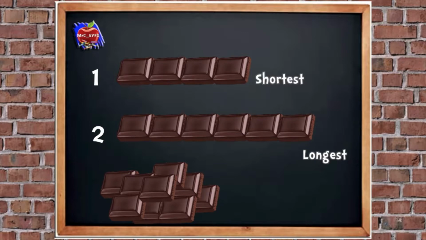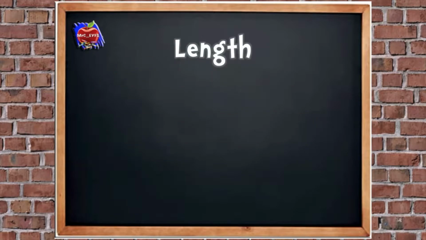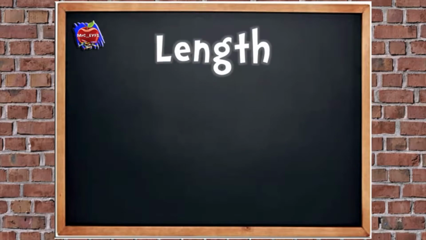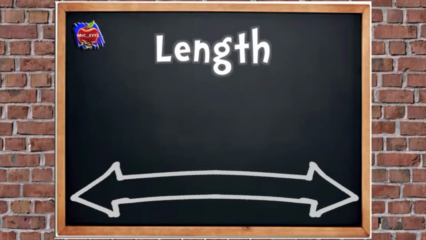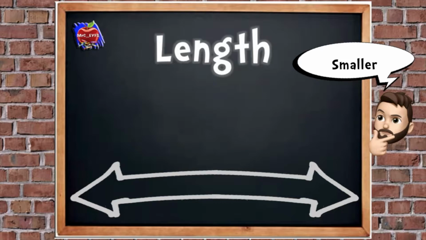Well done. Right, so today we're going to be comparing the size of objects. And one way to measure something is by its length. And when we measure the length, we're measuring the distance of something so that when we look at it, it's from side to side. And sometimes we might use the word smaller when we're measuring something.